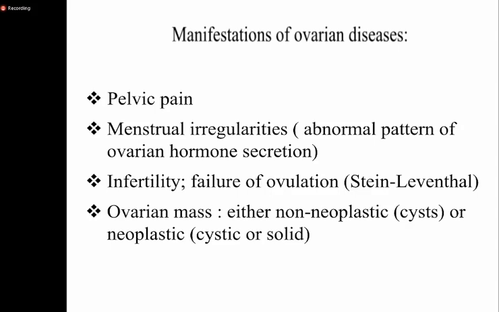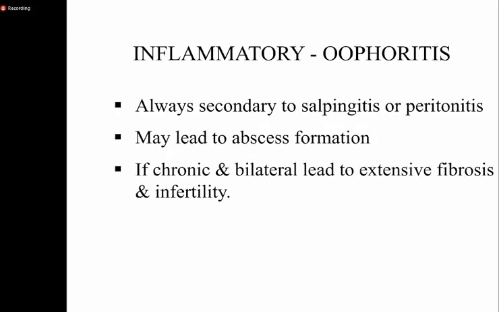During this class, one of the commonest entities that you will come across is inflammatory lesions of the ovary, or oophoritis. And this is almost always secondary to salpingitis, an ascending infection, but it can also be a consequence of peritonitis or systemic inflammatory disease.